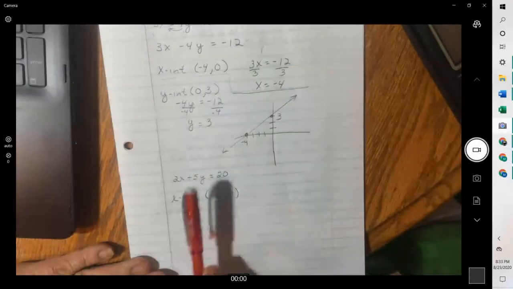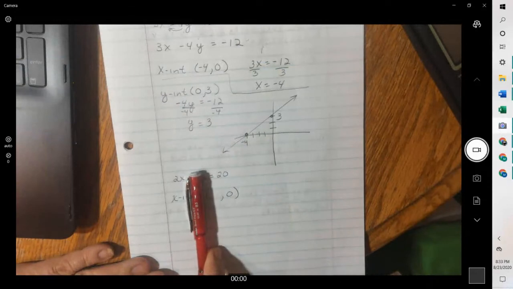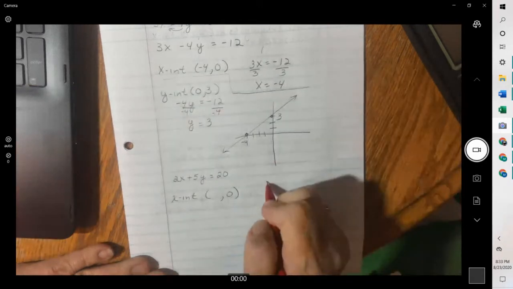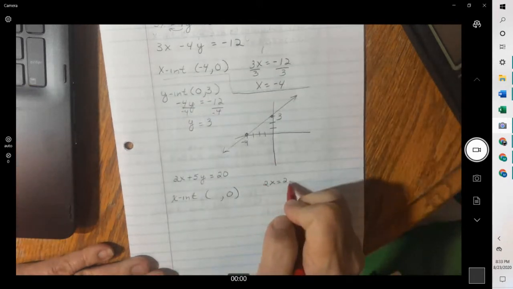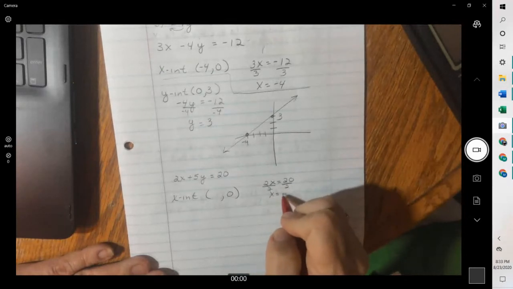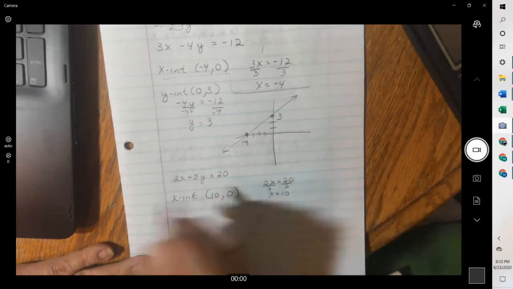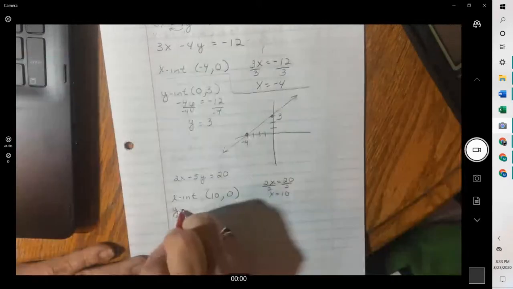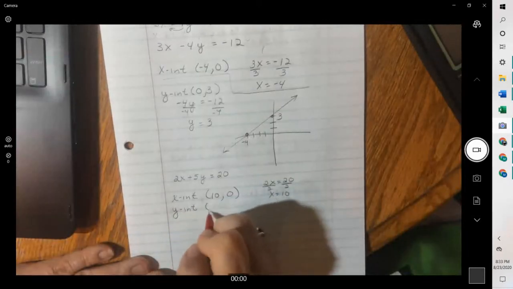If y is 0, then that drops out. So we have 2x equals 20, divide by 2, x is 10. So you can do that in your head. And if it's a fraction, then it's a fraction.